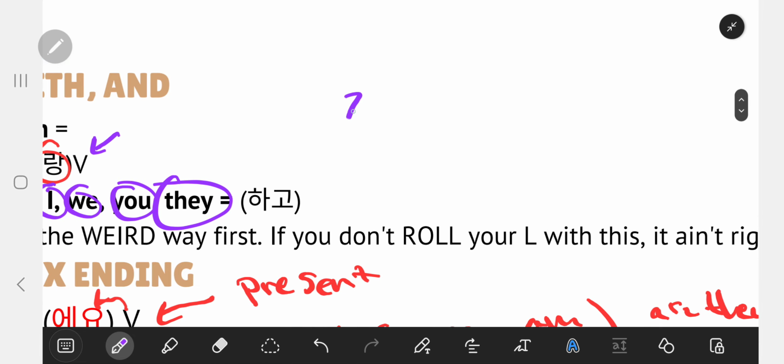Based on context, if I say something like this, 저 사람, or I'll say 저분, that individual, which is trying to be nice, 저분, 저 means that. It could also mean me. 분 means individual.